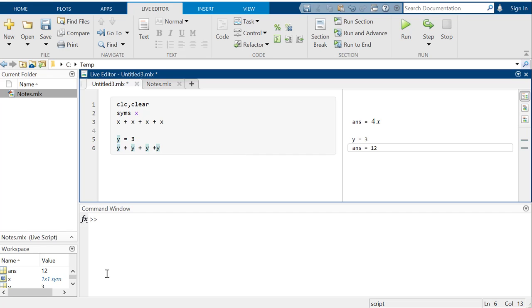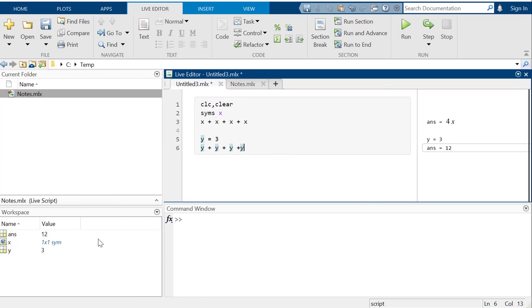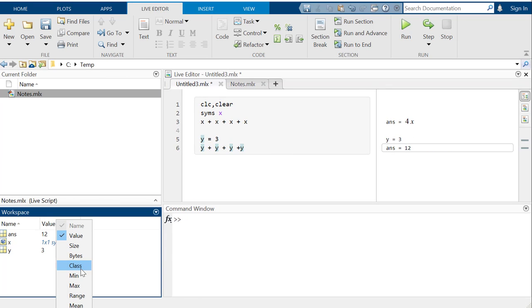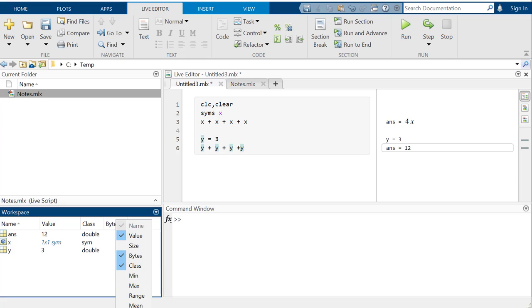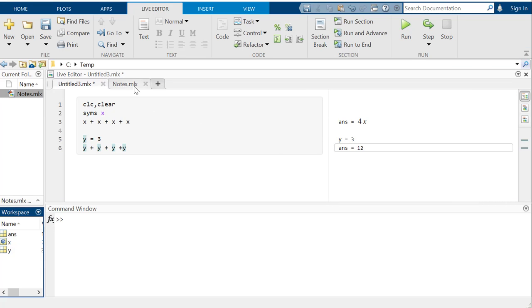That's because if you look over here in your workspace, I need the class. See how x is a symbol and y is a double. Now, just so you know, the symbols are not the size, bytes. Really? Okay, that's neat. It used to be that the symbols were a lot bigger, but it looks like they've pulled those sizes down. They've made some really neat upgrades to symbols since I started recording MATLAB videos, so that's kind of why we're doing this again.